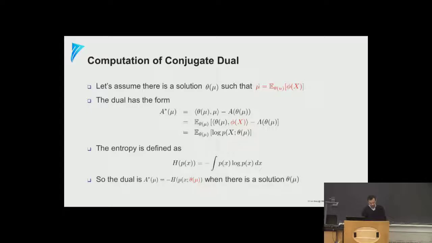Okay, so now let's look at what the conjugate looks like if such a mu exists. We have established that mu, under the stationary condition, corresponds to the expectation of the corresponding sufficient statistic under a given canonical parameter, right? And then the dual has the following form. You can bring this into that, and it gives you the following thing.